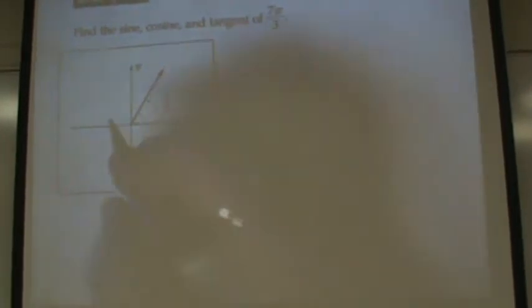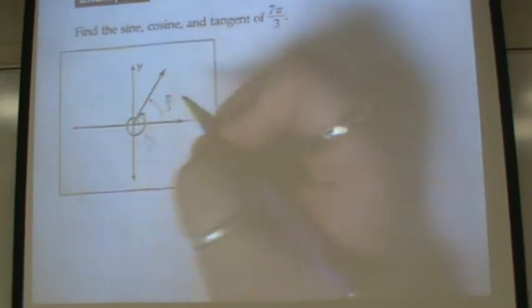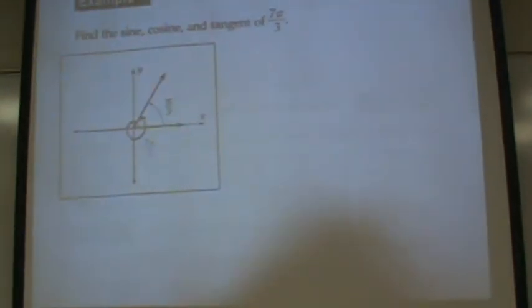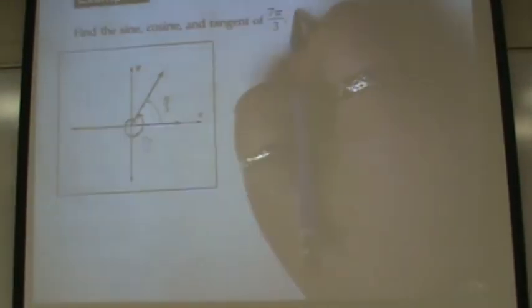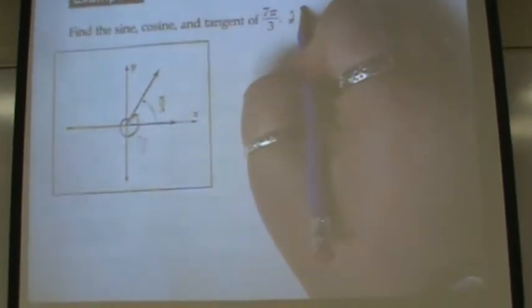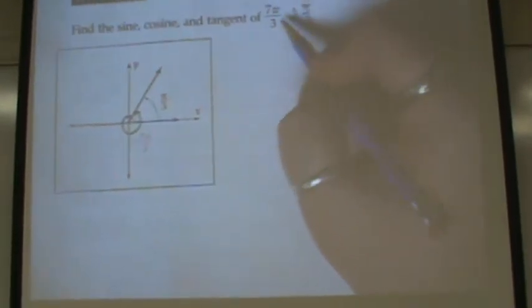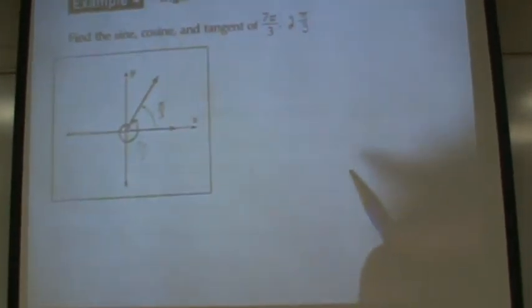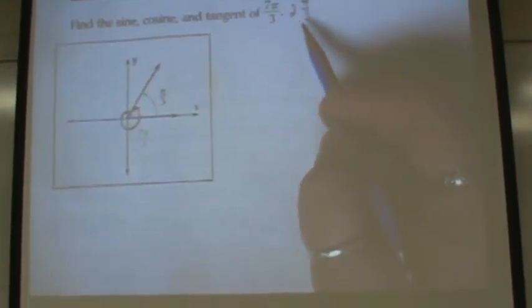So 7 pi over 3 is a full rotation and then a little more. So we can write 7 pi over 3 really as 2 pi plus pi over 3, because if we multiply this out, it's 7 pi over 3. So this is an integer multiple of 2 pi plus pi over 3.